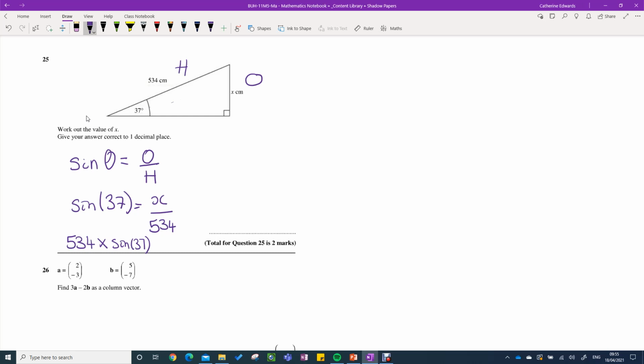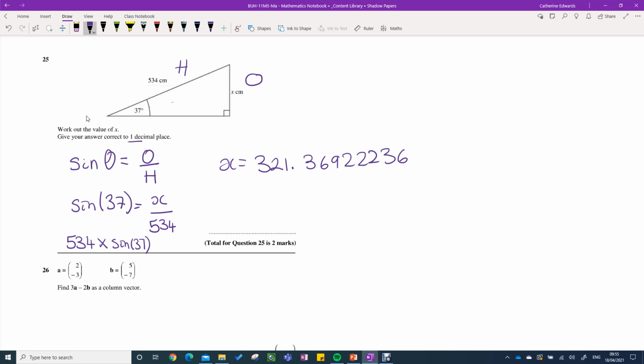Once I put it into my calculator, I get x equals 321.369222236.